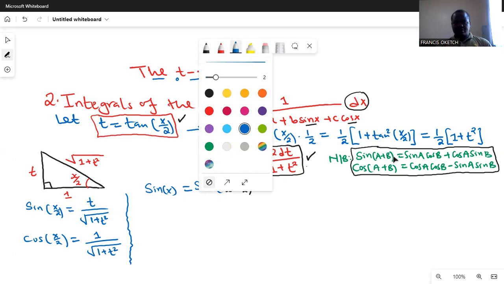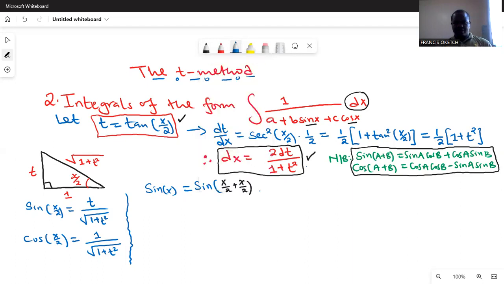That will give us, remember it is sine A cos B, so that will give us sine x over 2 cos x over 2, then plus cos x over 2 times sine x over 2.